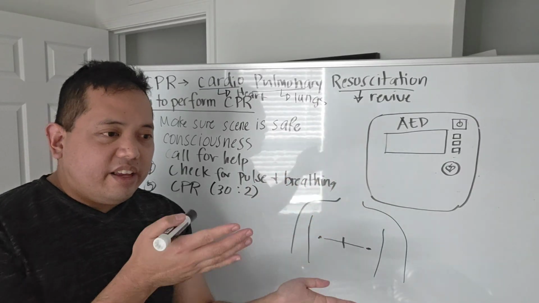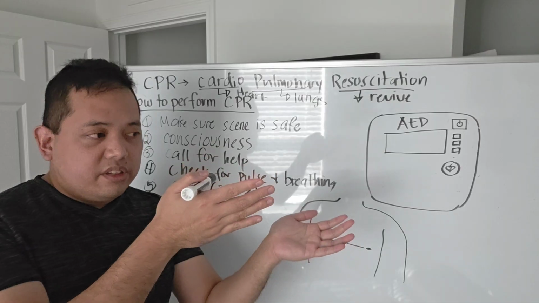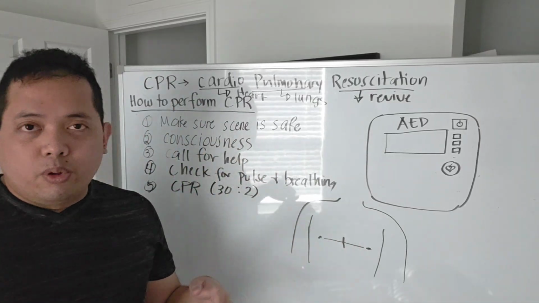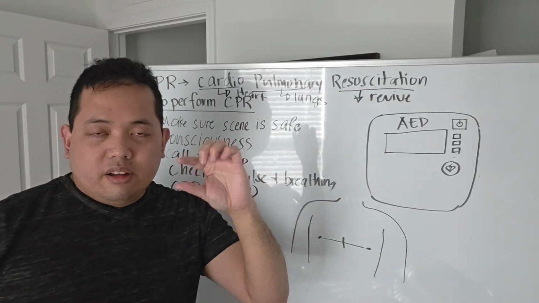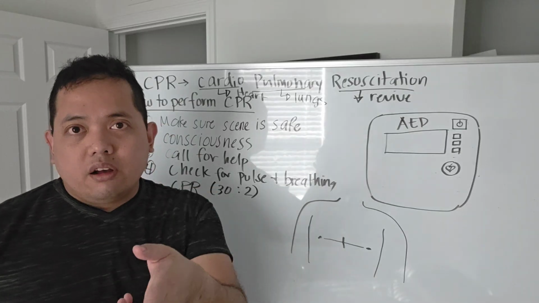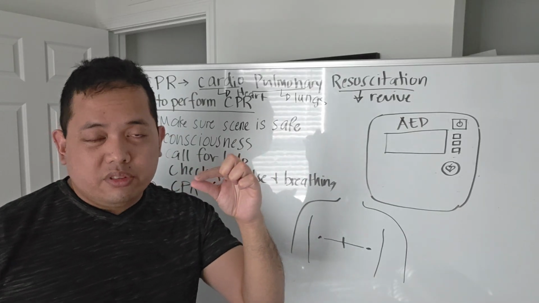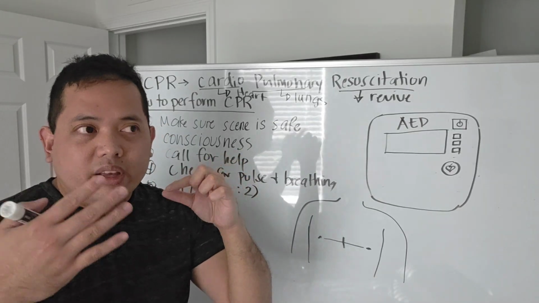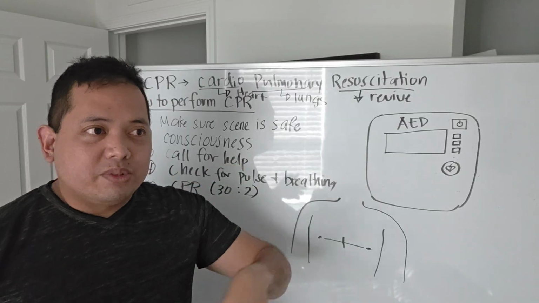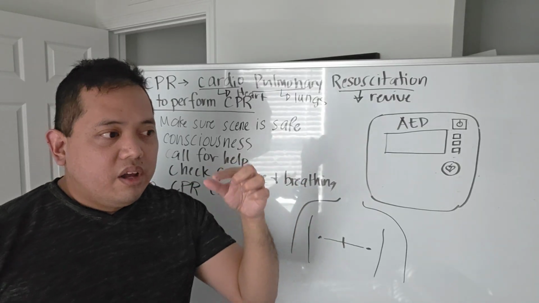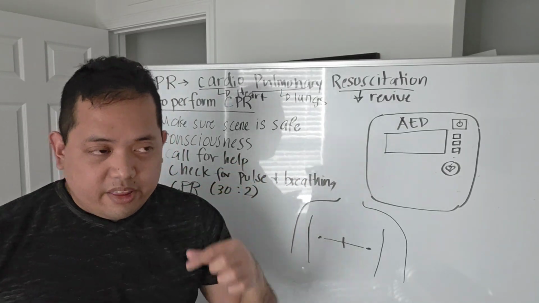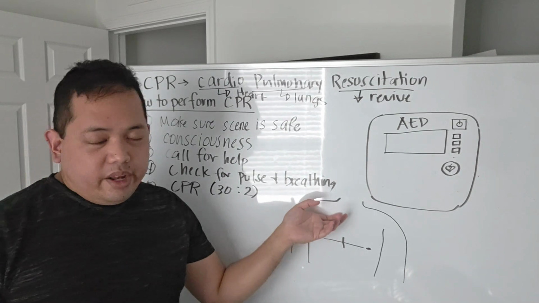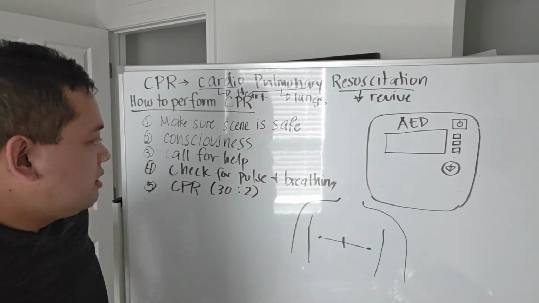You tilt the head, lift the chin of the person, and then blow into the person's mouth. Whenever you're blowing into the mouth, you have to pinch the nose, because you don't want the air to come out from the nose. So you pinch the nose and then deliver the breath. That would be the proper way to deliver rescue breaths.